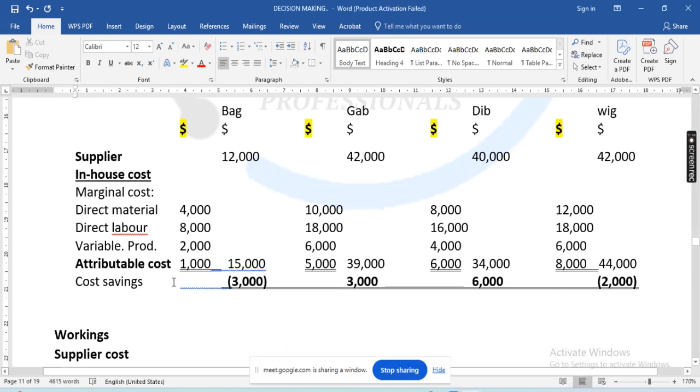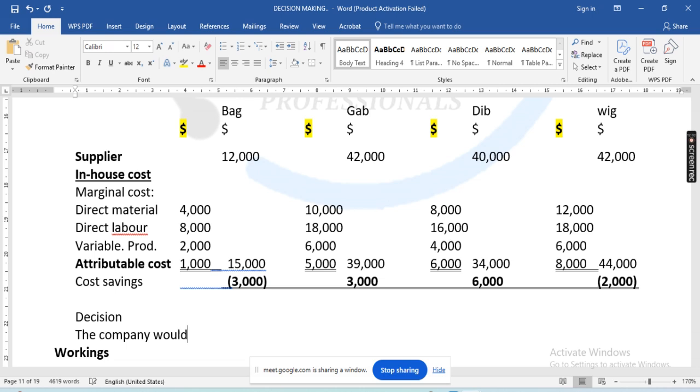So now, in this case, what is the decision? You can say the company would save 3,000 naira if bag is outsourced and 2,000 naira if wig is outsourced.